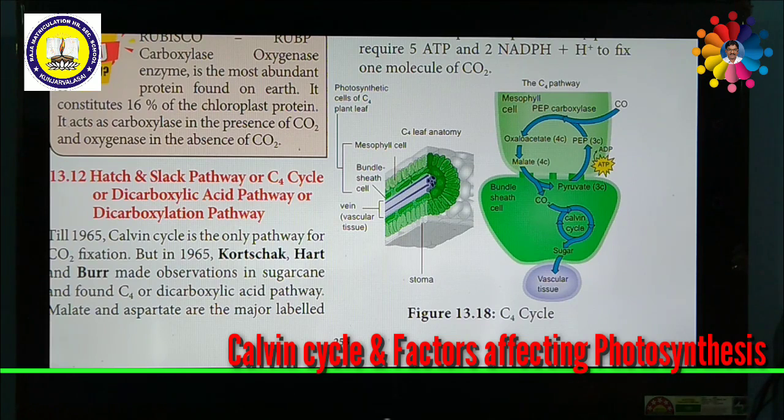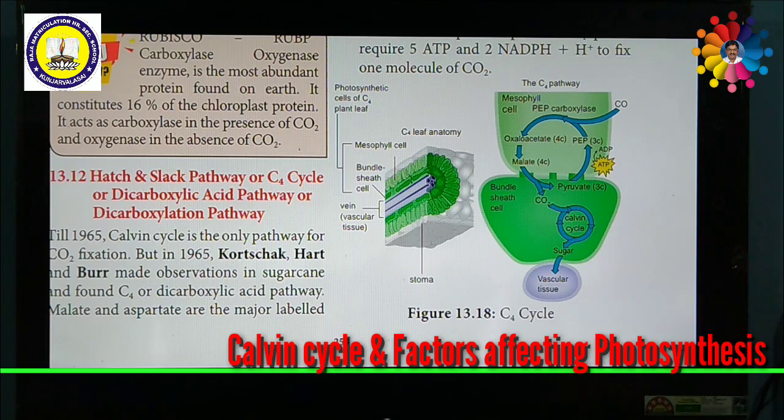This observation was confirmed by Hatch and Slack in the year 1967. This is an alternate pathway for the fixation of carbon dioxide, found in several tropical and subtropical grass plants and some dicots. Usually, C4 cycle is discovered in more than 1,000 species. Among them, 300 species belong to dicots and the rest of the plants are monocots.